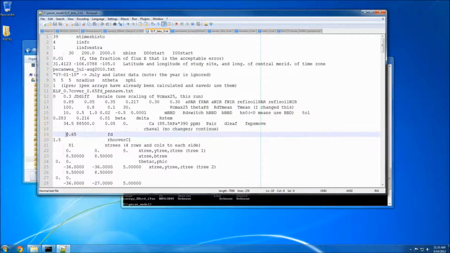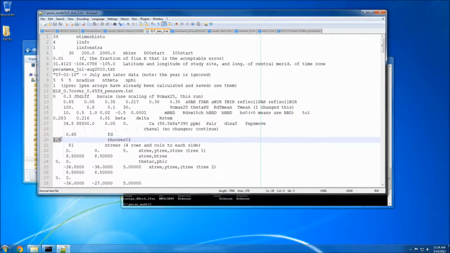The next parameter here on line 19 is the foliage density in square meters per cubic meter. Use the value 0.65 after analyzing some of the shadows at the Tornillo orchard. There were no structural measurements. This is very close to the 0.7 value that we actually measured in the Salopek orchard here in Las Cruces.